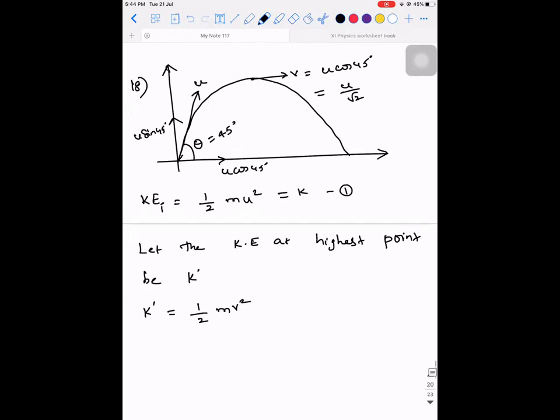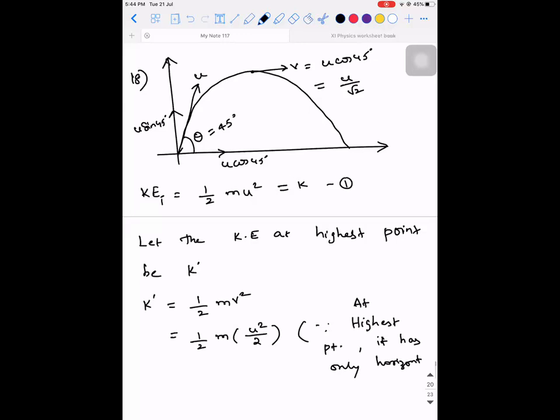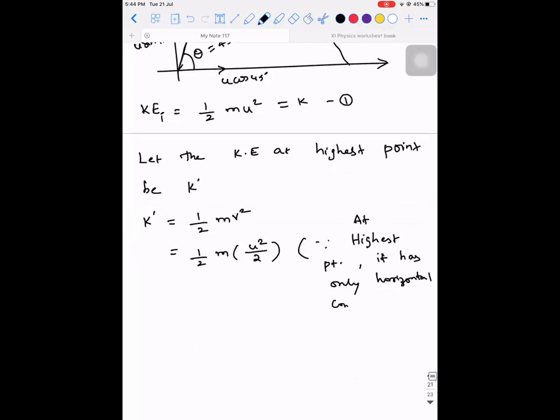So kinetic energy at the highest point will be half into m into v square. That is u square divided by 2, since at the highest point it has only the horizontal component of velocity.